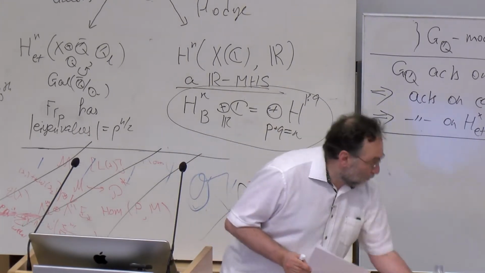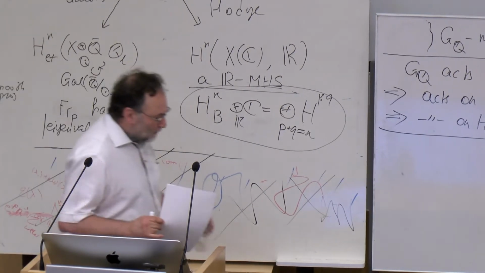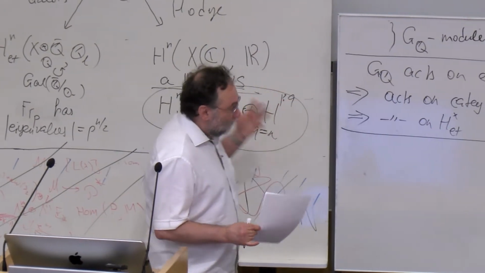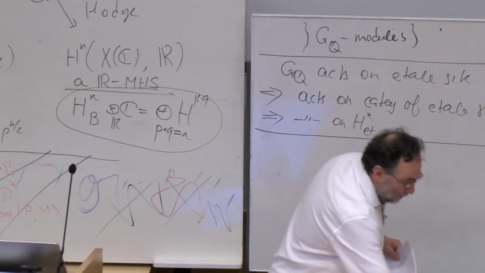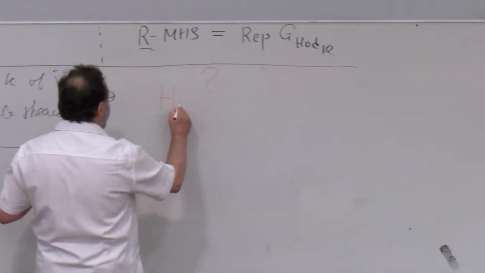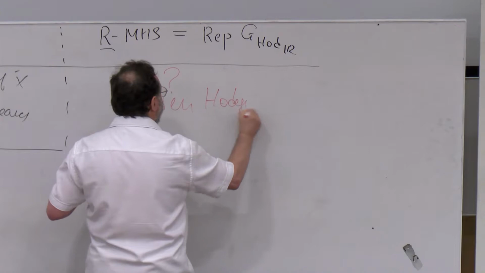And the way it's defined, it's not resembling in any way the way the Galois action is defined on étale cohomology, because here it comes from symmetries, and here it does not. So the upshot is there are some kind of hidden Hodge symmetries which we don't see yet.